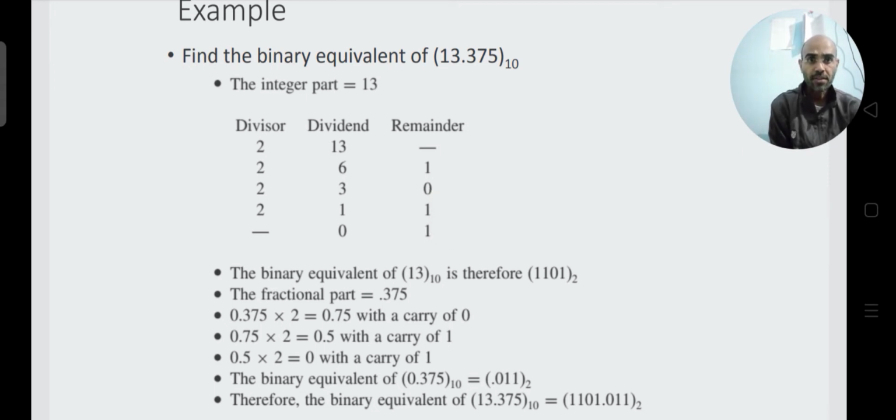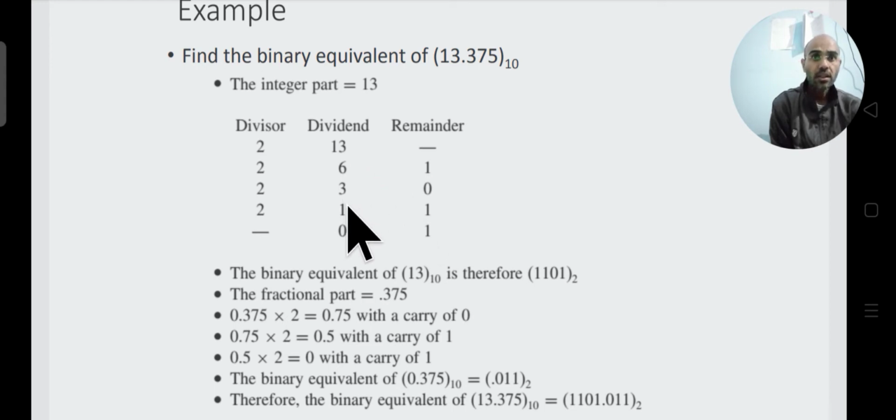Now, if we further divide this 3 by 2, we get the quotient 1 and the remainder also 1.